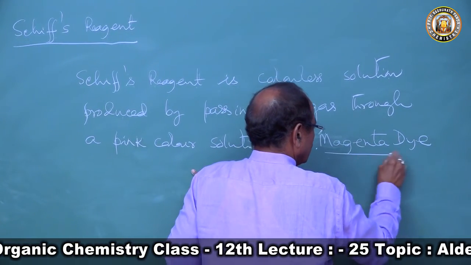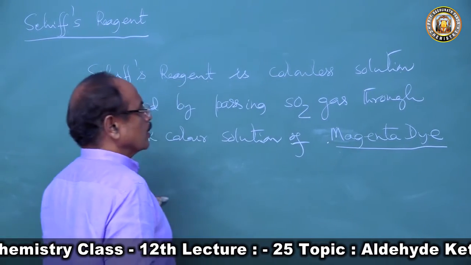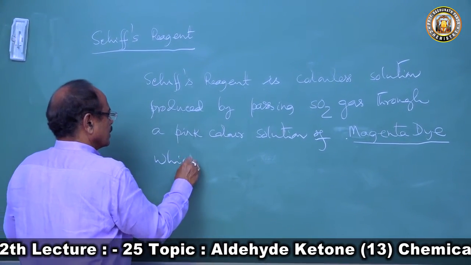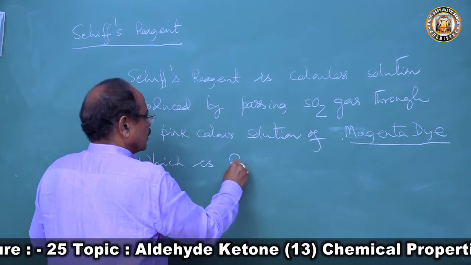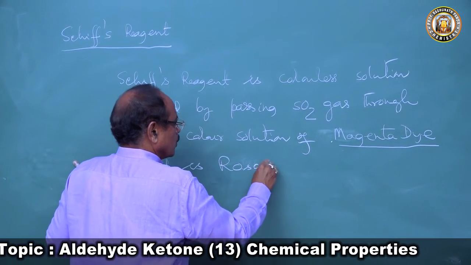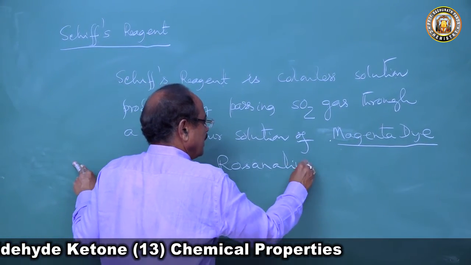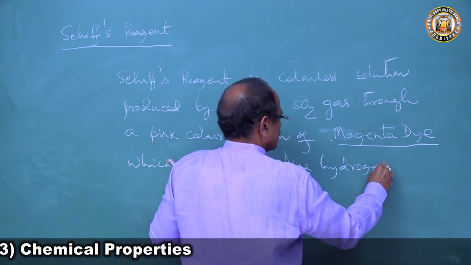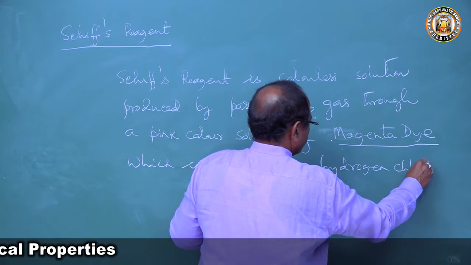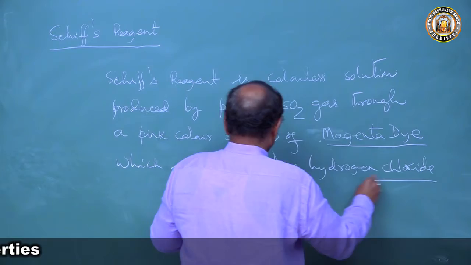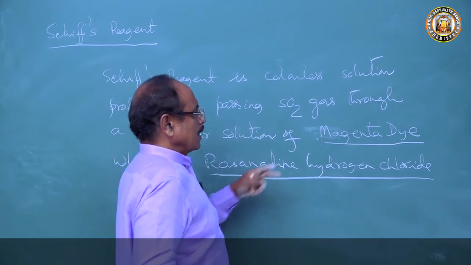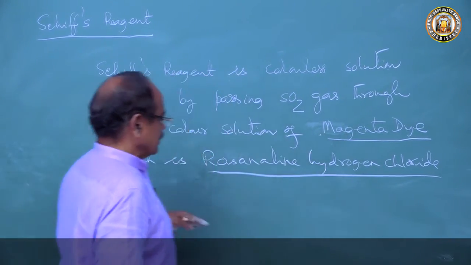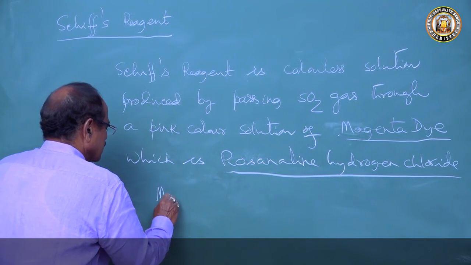What is that compound? Magenta dye, which is rosaniline hydrogen chloride. Its chemical name is rosaniline hydrogen chloride and it is a dye, magenta dye. This magenta dye is a pink color.